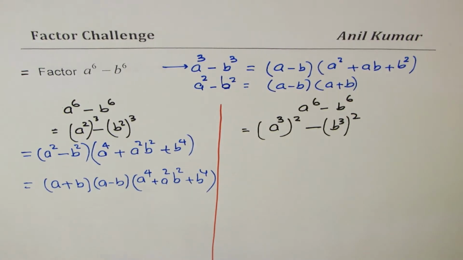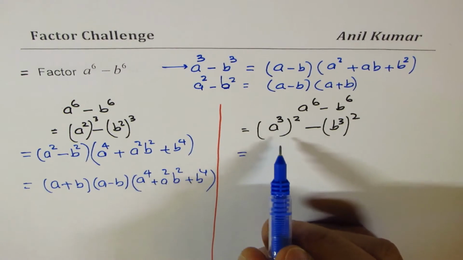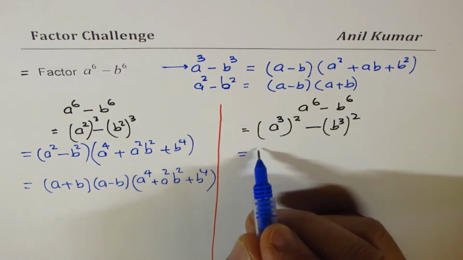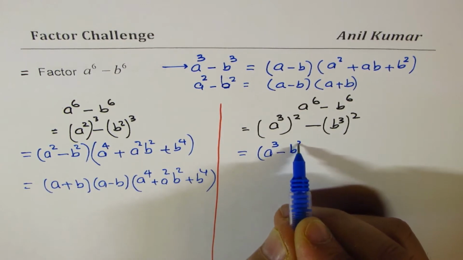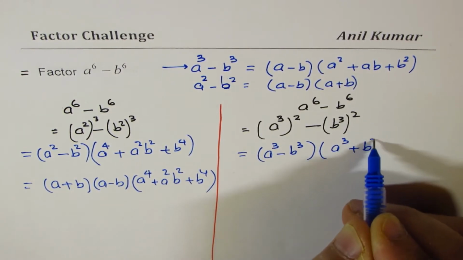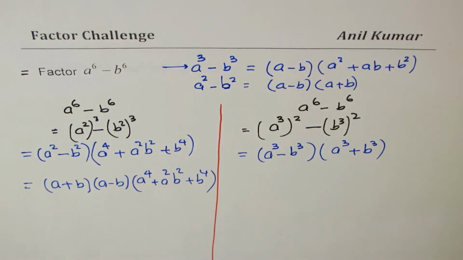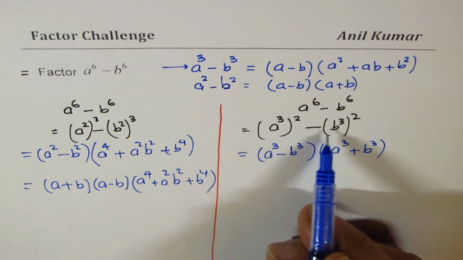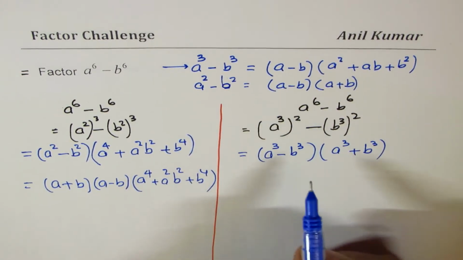Correct? Next one here, what we can do is we'll do difference of squares first. So we get a cube minus b cube times a cube plus b cube. Do you see that? So you get difference of squares. Now these are your terms inside the bracket, which will be used as a and b.